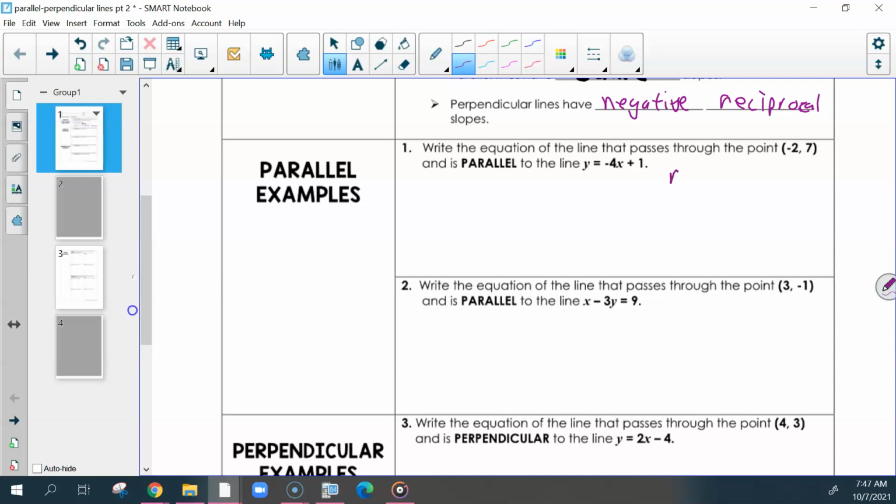So I would write that off to the side, that way you know that. And then once you know what your slope is, you have a point, you have a slope, and you're going to use your point slope to find this new equation. So that's not going away. We are going to use it quite a bit.